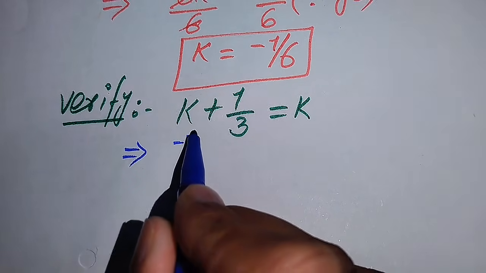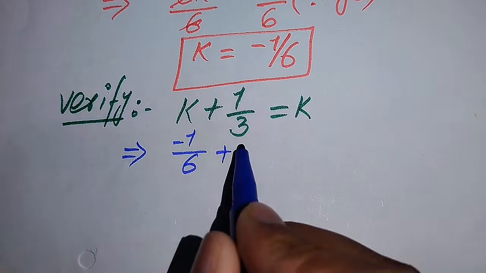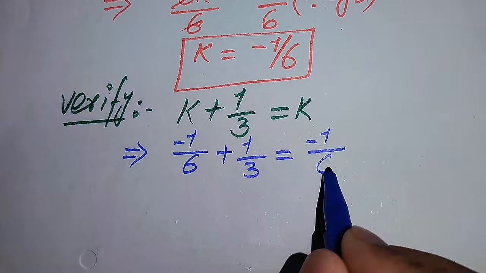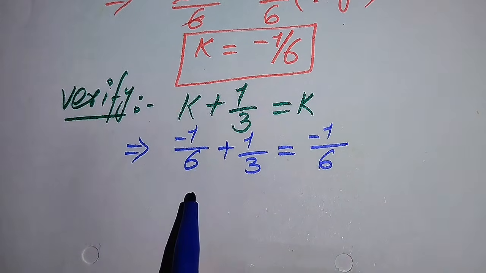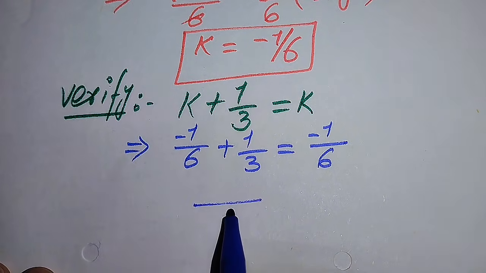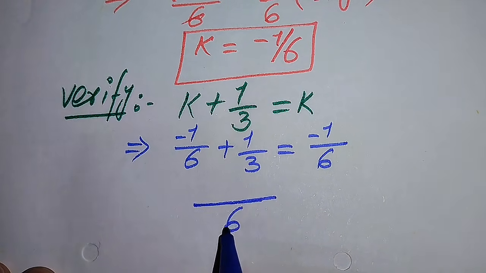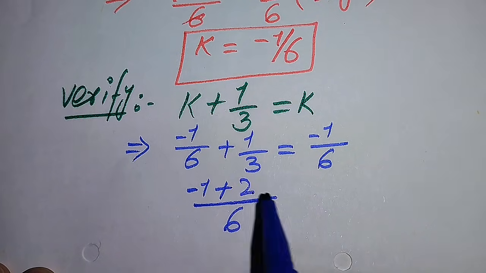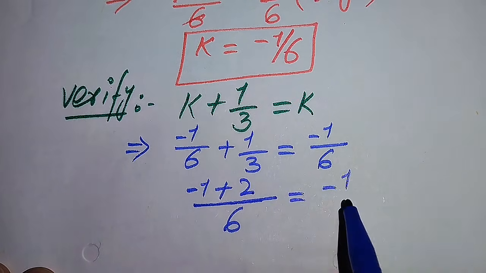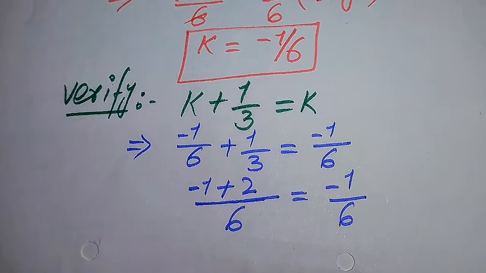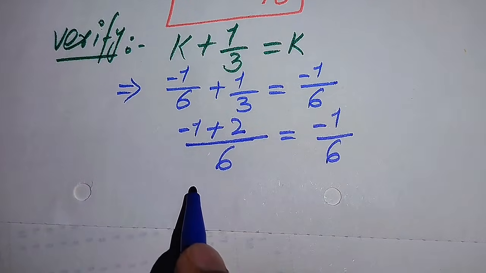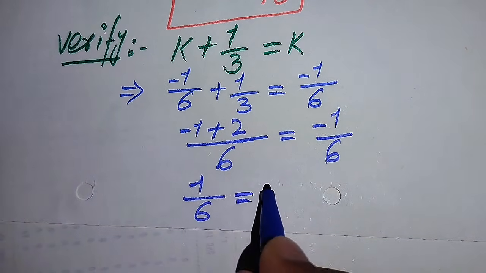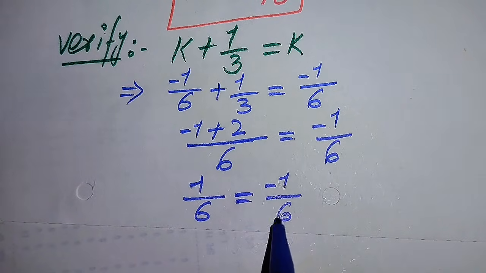We have minus 1 over 6 plus 1 over 3 is equal to minus 1 over 6. When we take the LCM of these terms, the LCM becomes 6. This 6 and 6 are gone, and we get minus 1 plus 3 times 2 becomes 6, is equal to minus 1 over 6. And here you clearly see that we get 1 over 6 is equal to minus 1 over 6.